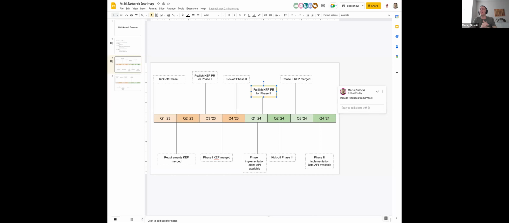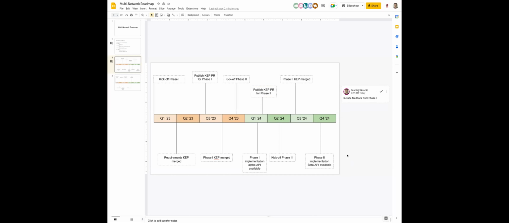Tomo, you had a hand. Yep. Now I'm looking at the Kubernetes document, and maybe the API version is v1, not alpha or beta. At that time, this should be GA in the Kubernetes functionality. Phase 3 is still in the middle of this.